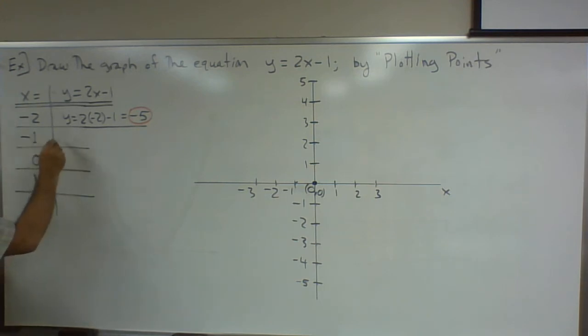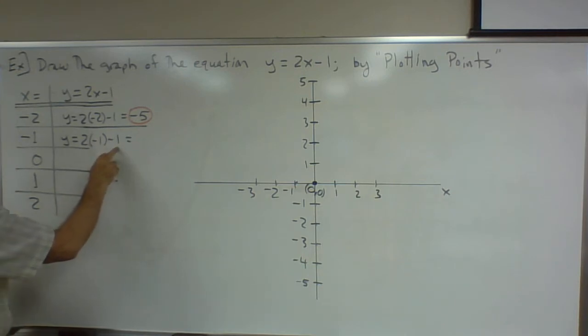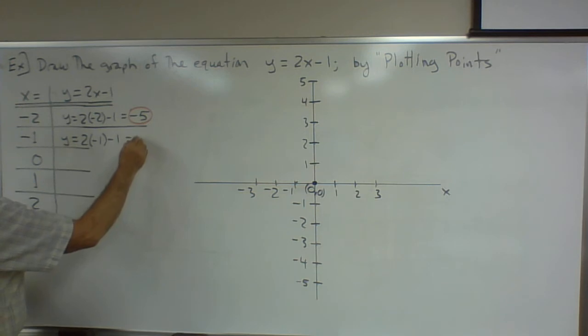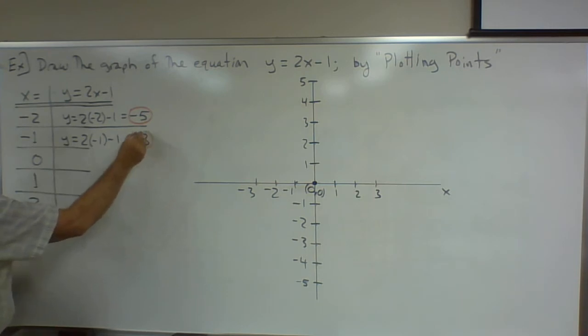When x is -1, y equals 2x minus 1. X is -1, so we have -2 minus 1, which is -3. When x equals -1, y equals -3.